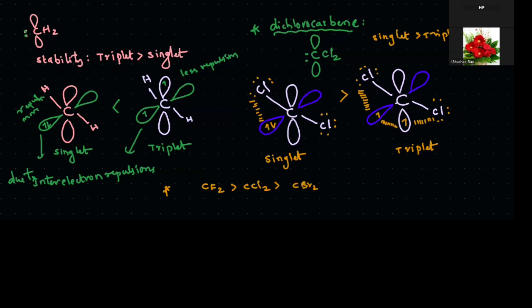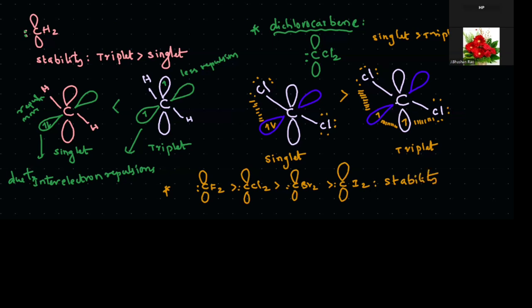Now this one has a lone pair and an empty orbital, and so on for the others. This is the stability order of the dihalocarbenes. Majorly, in the first case, there are no empty d orbitals on the fluorine.